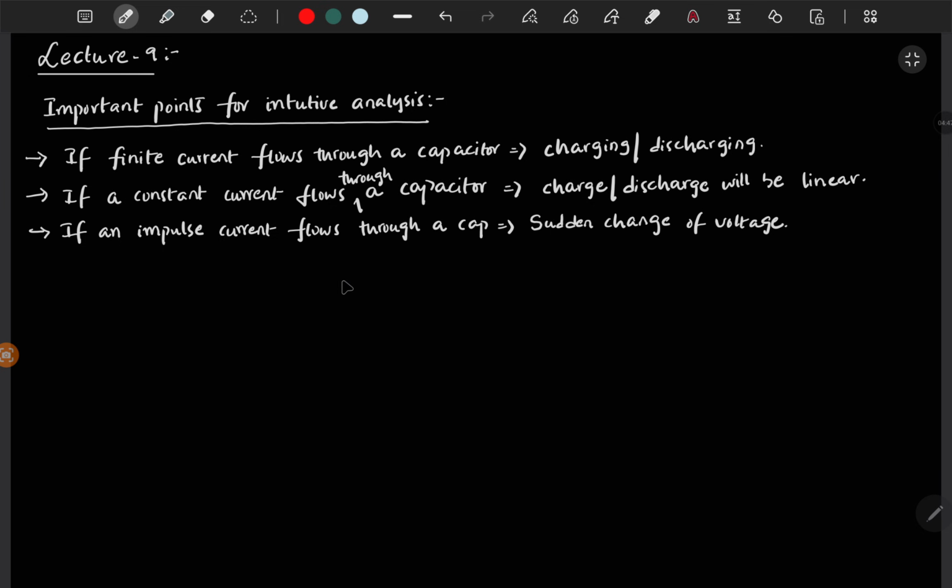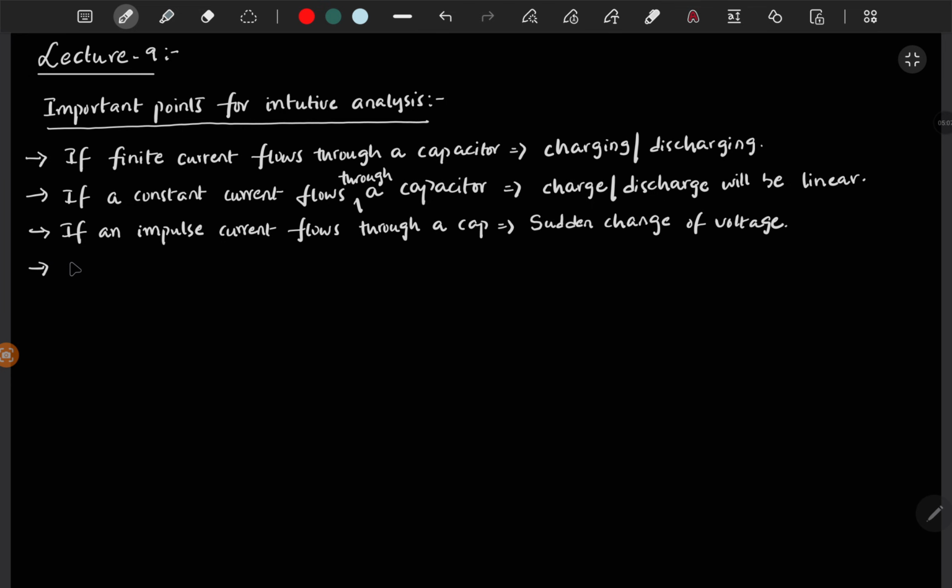So if you know these points, then you can easily draw a waveform across a capacitor, either voltage or current, intuitively. This you can easily draw for first order circuits, that is for sure.